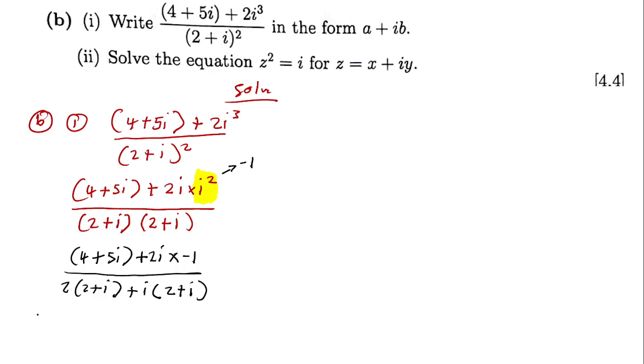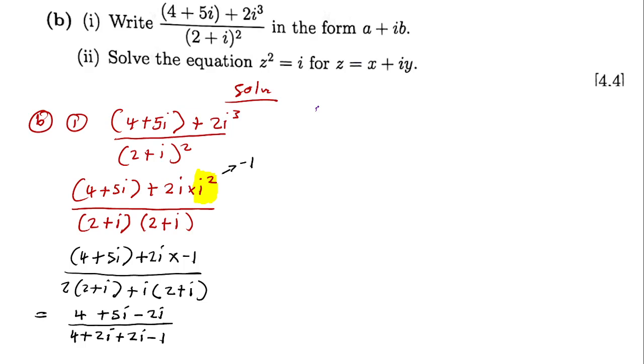Then after you do that, you can simply say 4 plus 5i minus 2i, because -1 times 2i is -2i, over 2 times 2, which is 4. 2 times i is positive 2i. i times 2 is 2i. i times i is -1.